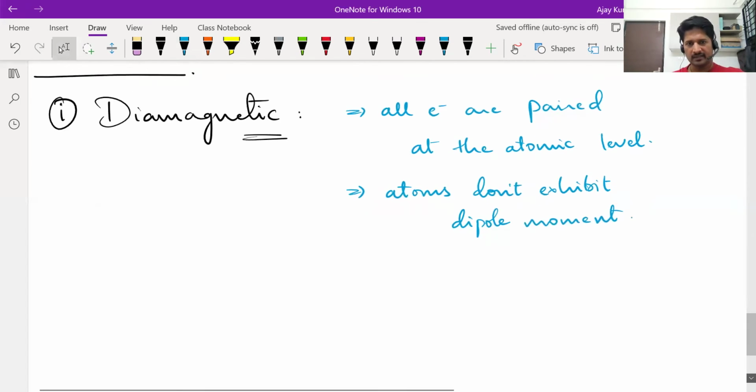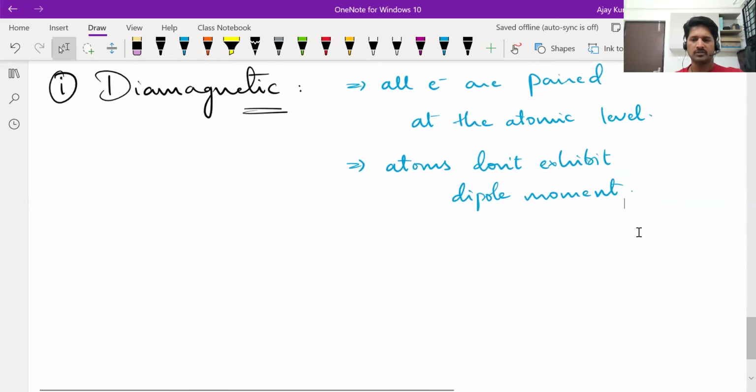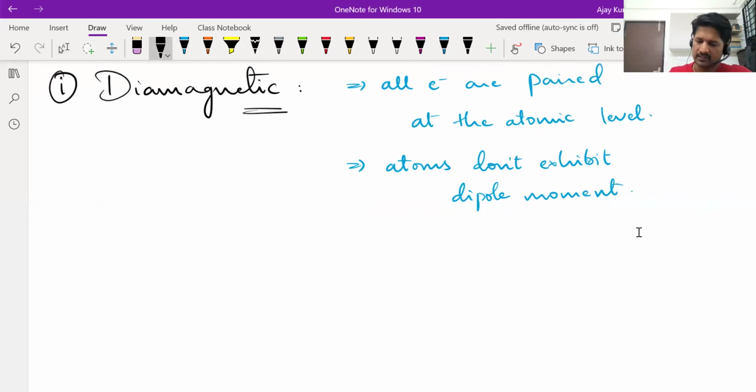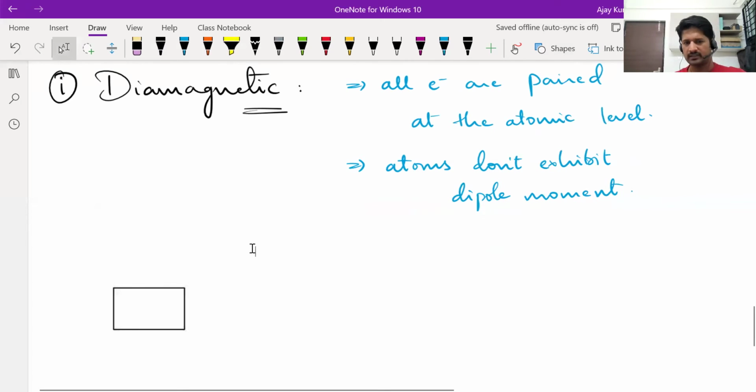Now, if individual atoms themselves are not behaving as dipoles, there is no question of the material behaving as a magnet. So diamagnetic materials normally don't exhibit any magnetism. You take them near iron and you won't see any attraction or repulsion.